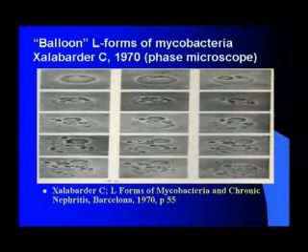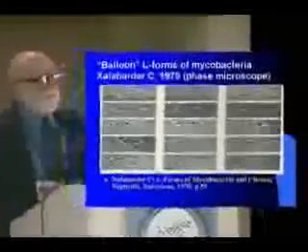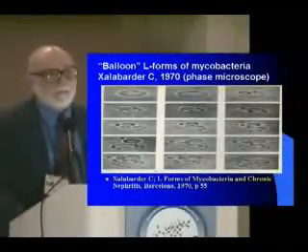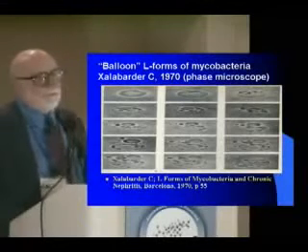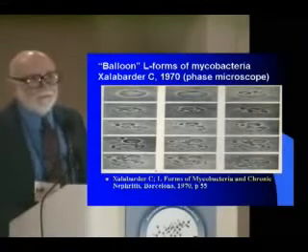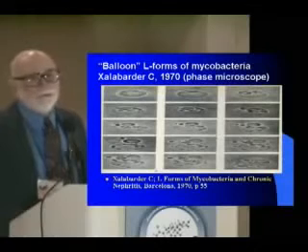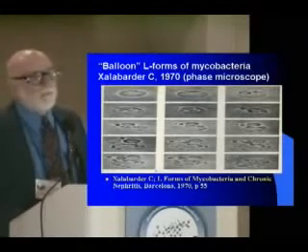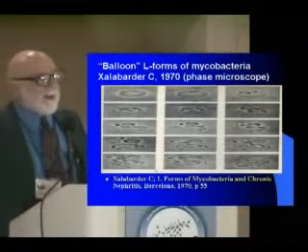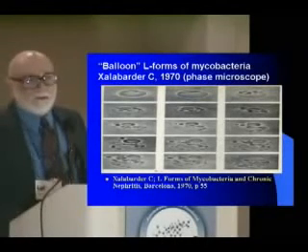But you have to understand the variability of these cell wall deficient bacteria in order to be able to recognize them in tissue. After all, if you're going to go hunting for tigers, you've got to know what tigers look like. And if you're going to be hunting for bacteria in chronic disease, you have to know what they look like.